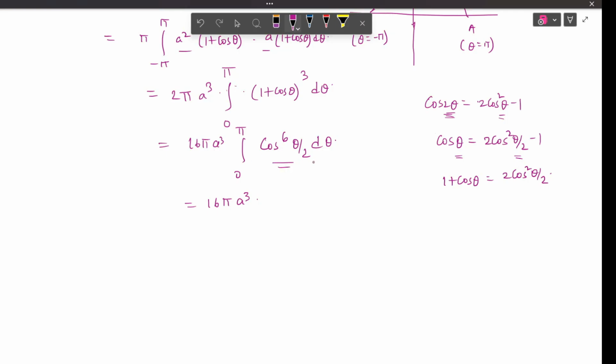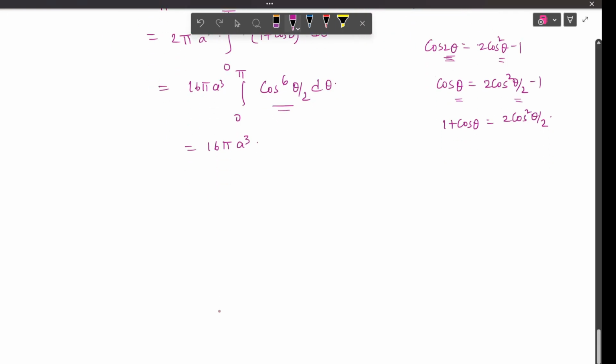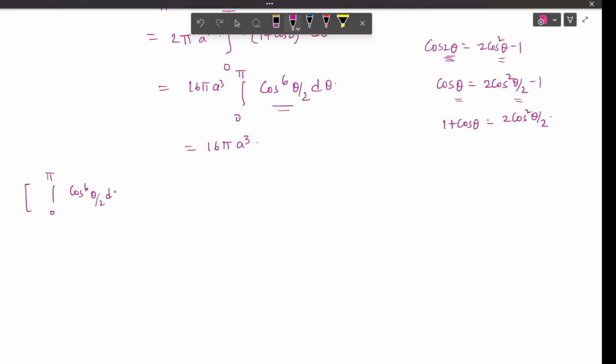Let us solve this integration separately. Integration 0 to pi cos to the power 6 theta by 2 d theta.